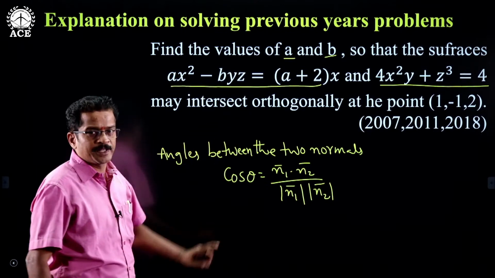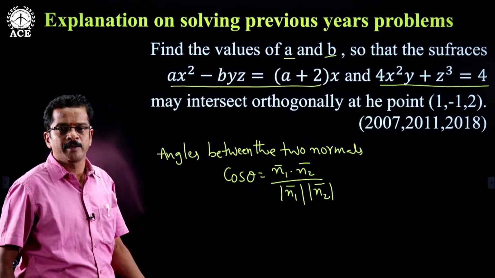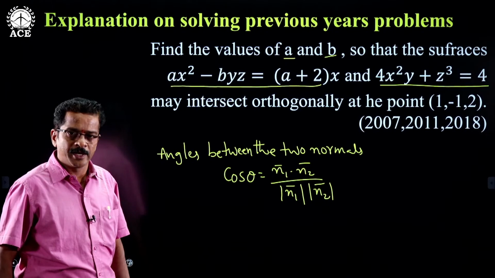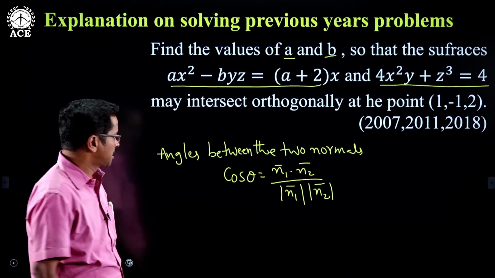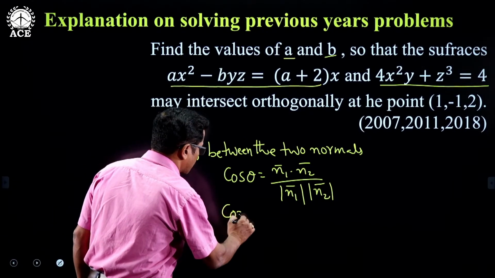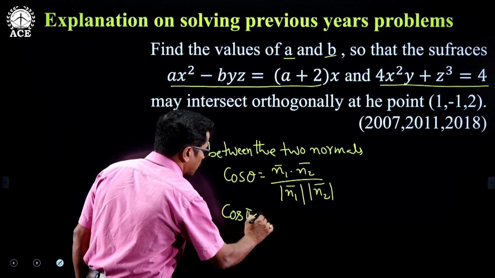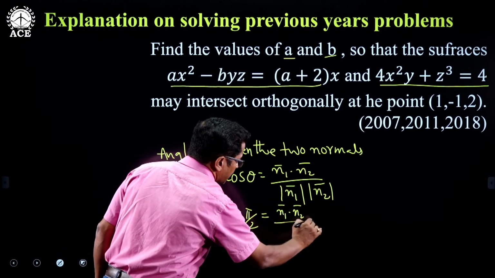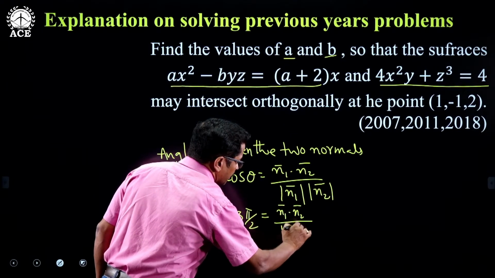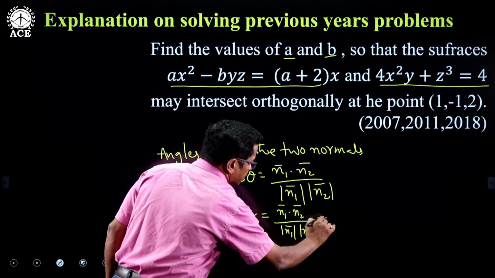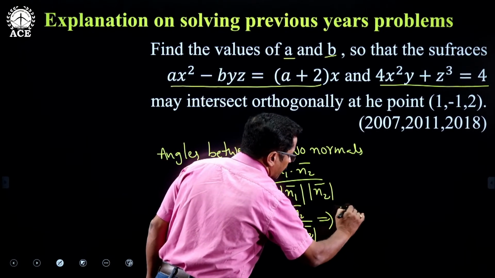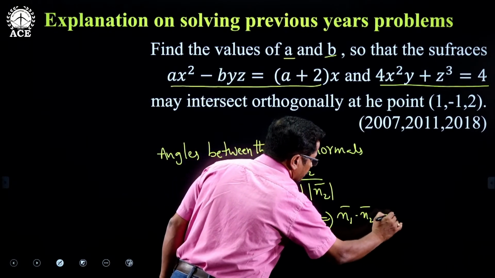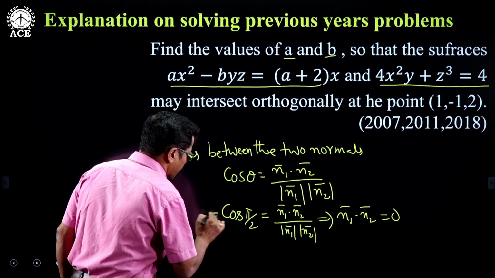When orthogonality exists, orthogonality means the angle is 90 degrees, perpendicular means 90 degrees. So cos pi by 2 equals n1 bar dot n2 bar by modulus of n1 bar into modulus of n2 bar. This implies n1 bar dot n2 bar is equal to 0, since cos pi by 2 value is 0.